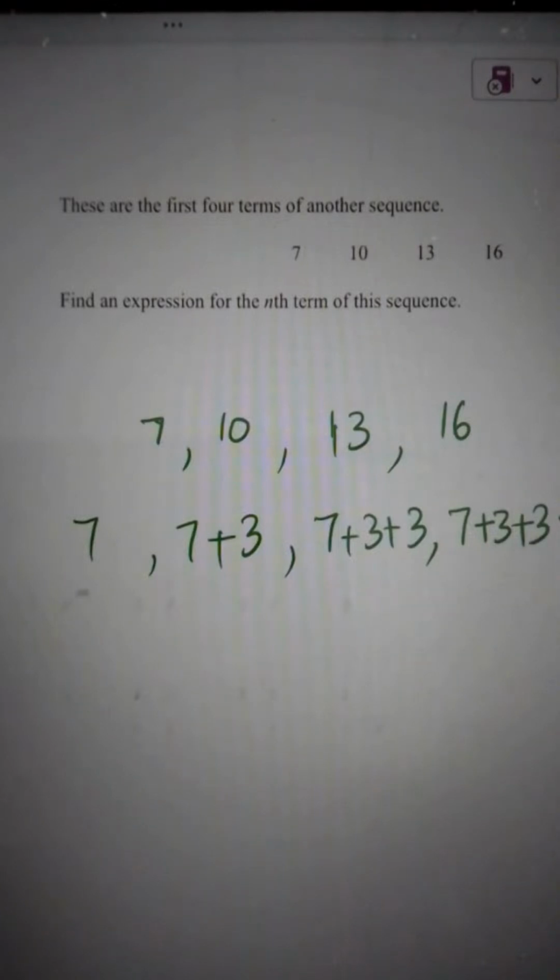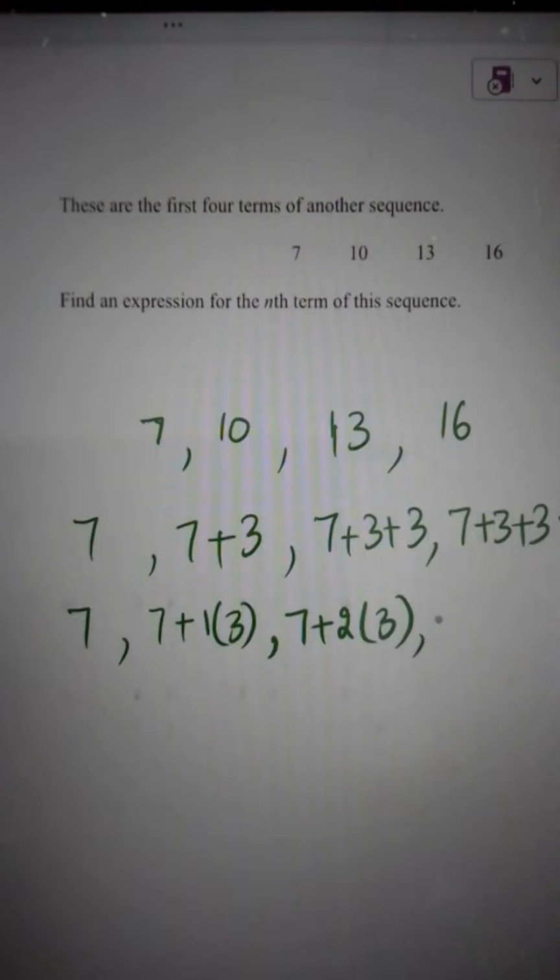So this gives us a clue: 7 plus 1 times 3, then 7 plus 2 times 3, then 7 plus 3 times 3.